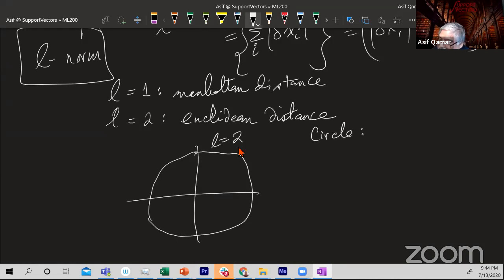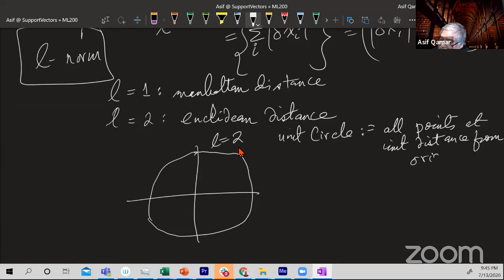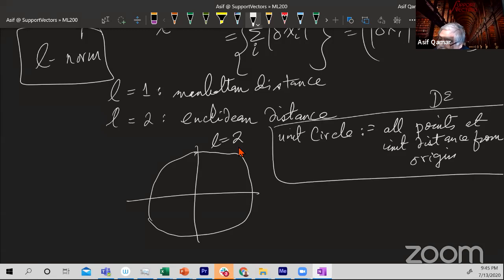Circle is defined as all points at unit distance from the origin. Let me call it the unit circle so that I don't have to worry about radius; radius is 1. Anybody would like to argue with that definition? Is that self-evident? That's how we define circles.